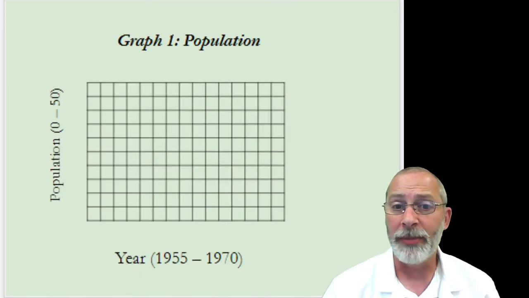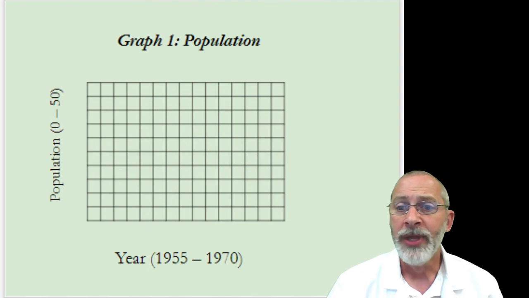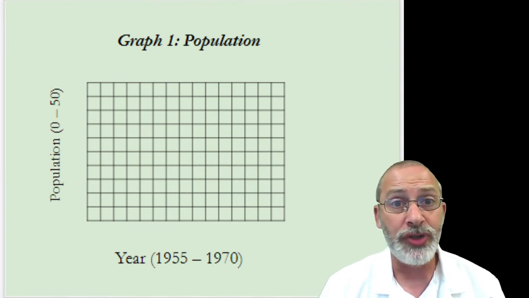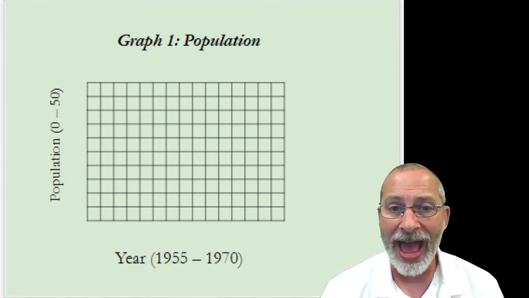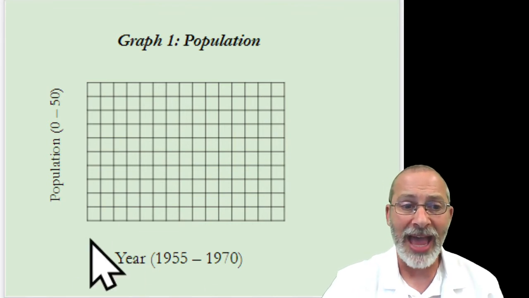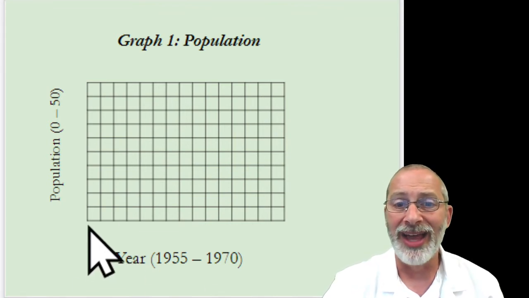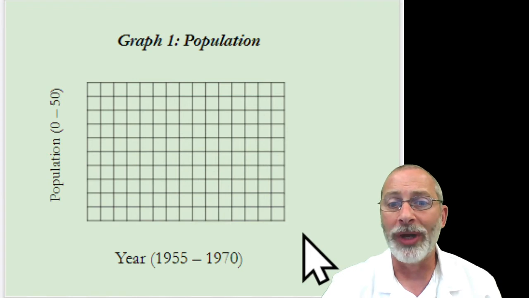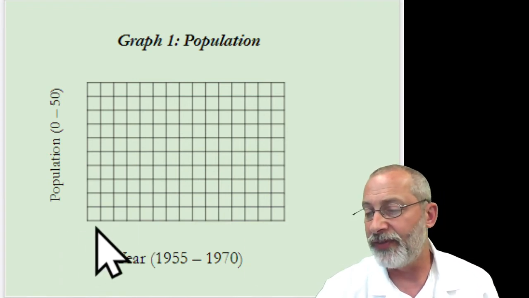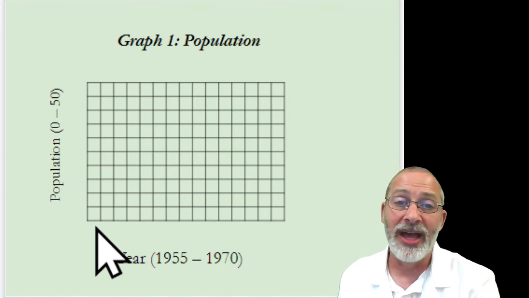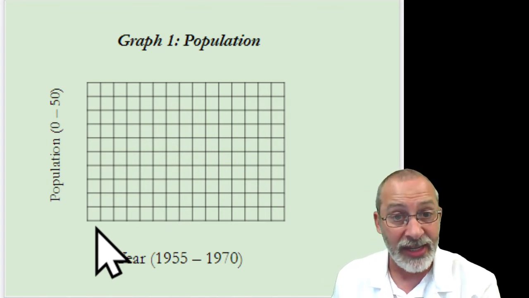And I just want to make mention here very quickly of the two different graphs you're going to have to make with this activity. The first one is simply a population graph. Along the x-axis, each one of these lines represents 1 year. So the first line is 1955, and the last line is 1970.